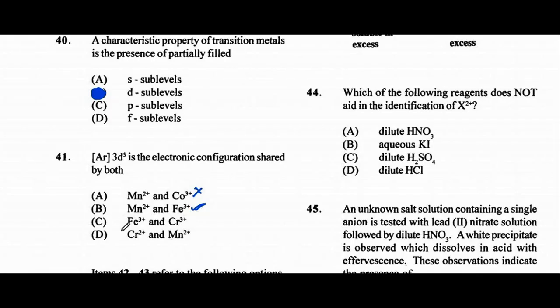Iron, yes. Chromium is 24 minus 3, which is less than 23. Chromium minus 2, 24 minus 2 is 22, not 23, so that doesn't meet it either. So the answer for 41 is B, as in boy.